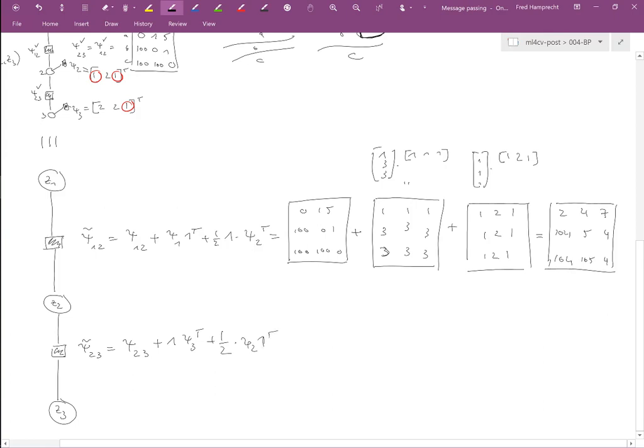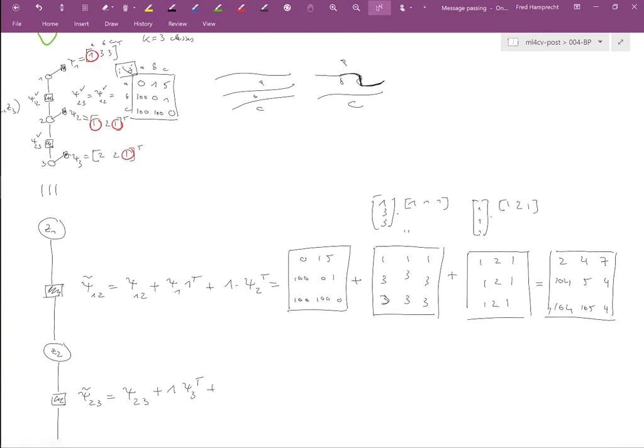I could have distributed it evenly or fairly, but the only reason I haven't done that is because then I get fractional numbers in my matrix, and I didn't want to write decimal points. So you're completely right. I'm assigning this potential here and this potential here and this one there. This construction is asymmetric, and I've done it asymmetrically just to avoid dealing with fractional numbers. And by writing in this form, does it mean it's biased?